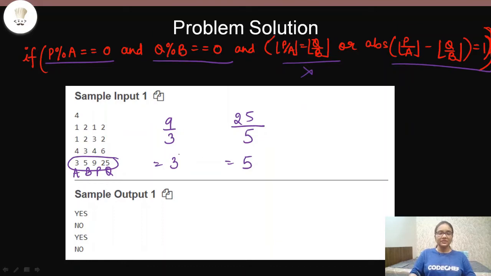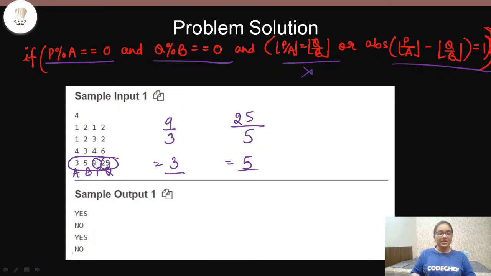Is the difference between them equal to 1? The absolute difference between them is also not equal to 1. That means this case can never be achieved. On any day, Alice and Bob will never be able to achieve 9 and 25 respectively.